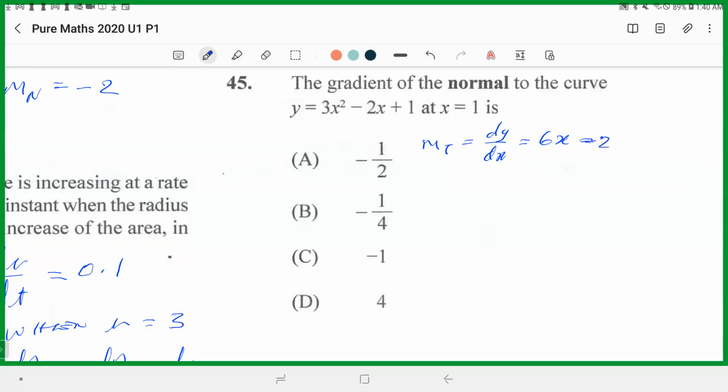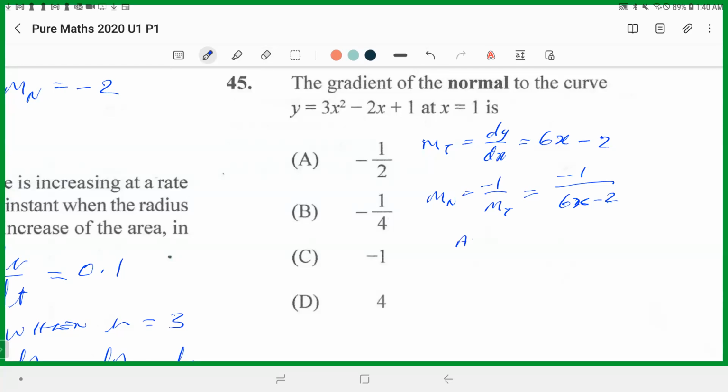You can find the gradient of a tangent by plugging the 1 in. We could also get an equation for the gradient of the normal. So the gradient of the normal is minus 1 over the gradient of the tangent. So I'm going to flip it and change the sign. We get minus 1 over 6x minus 2, the gradient of the normal.